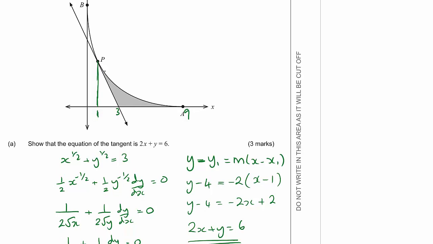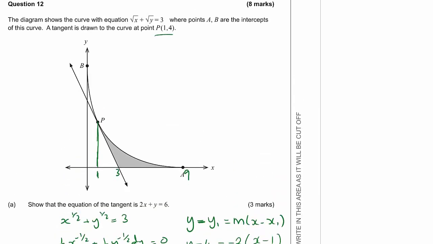So what I'm going to do is the integral under the curve, take away the triangle. So we need the integral of y dx. What we have here is that root y is equal to 3 take away root x, and so y would be 3 minus root x all squared.